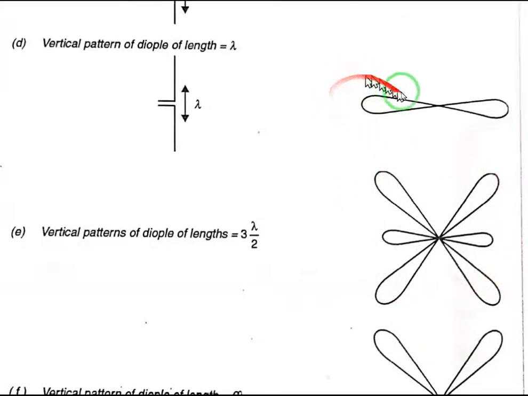It is basically the combination of the vertically polarized dipole of length lambda. As we can see, this pattern is here in the cross and also at the center.